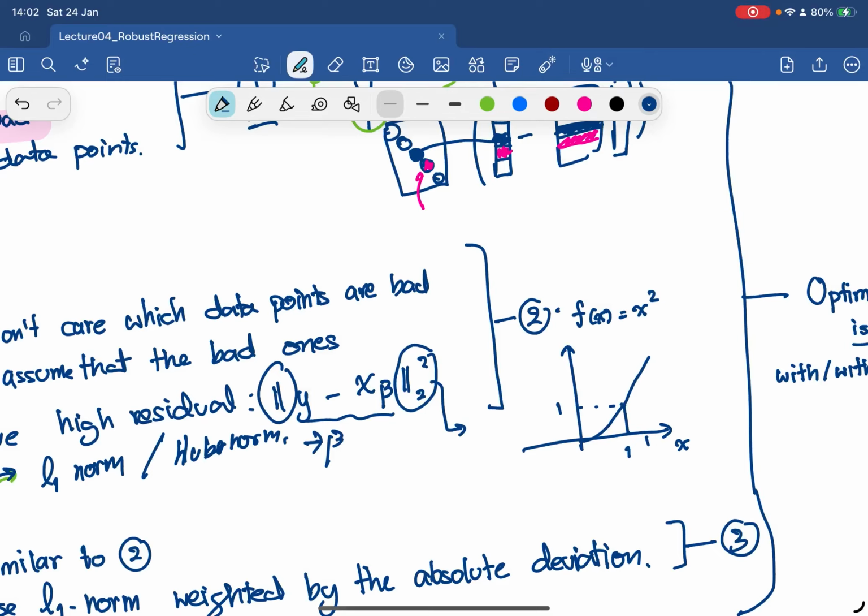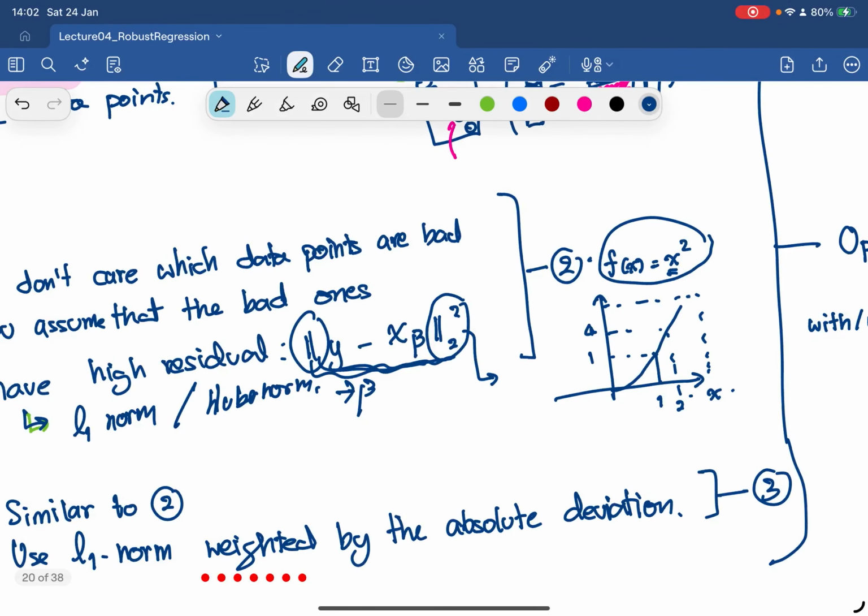But if x is 2, this is what, 4? And so on and so forth. It's like the square of that x. And the thing is, when your residual is large, it will have a large impact on your loss function.